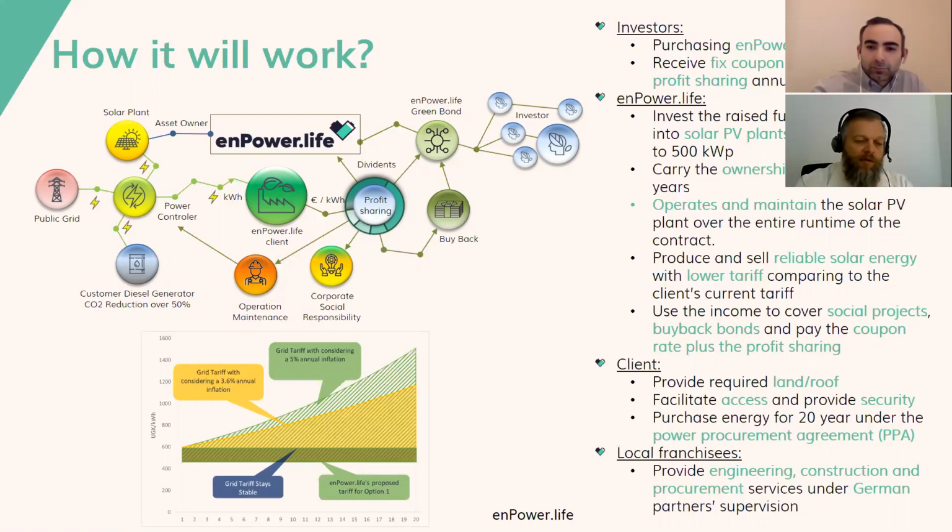This is one opportunity. On the other hand, we are selling energy every year, so that we are getting money back already, and from this money we can buy back some of the bonds.